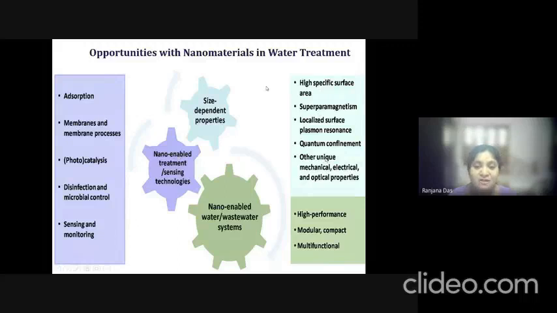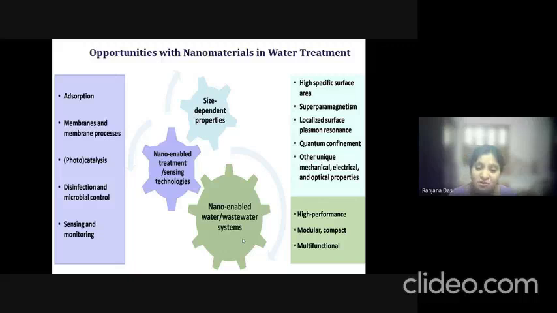We are generating some unique properties by size reduction. After that, we are designing our nanomaterial of our choice based on our application. And using this, we want to develop the technology for water treatment, which will be economically feasible, modular, and compact.